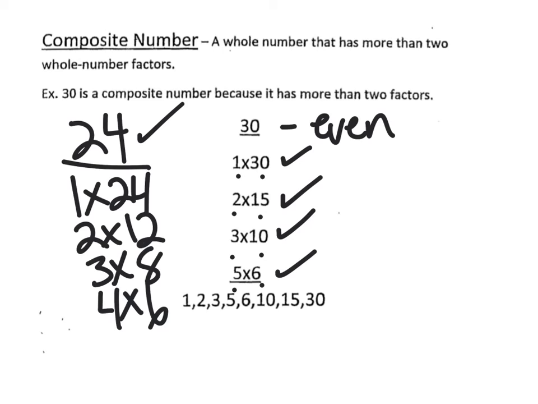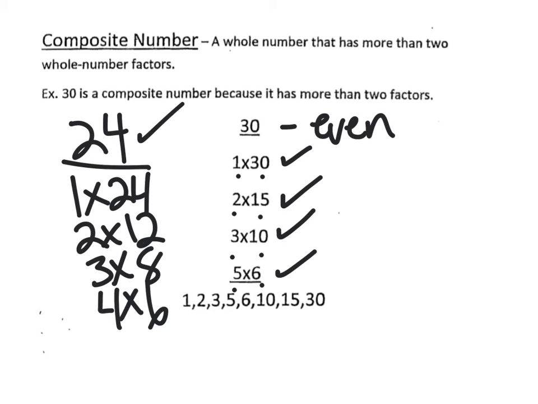So usually the conversation in class goes, okay, I get it, Mr. McClure, this is pretty easy. I can go back to my odds and evens. So pretty much you're telling me that every even number is composite, so all composite numbers have to be even. Well, that's the other misconception. That's where you have to be really careful and go, hold on, wait. It's very true that except for 2, all even numbers are composite.